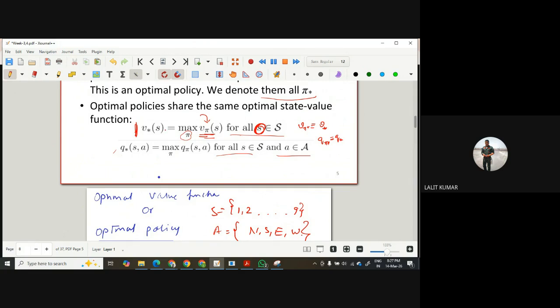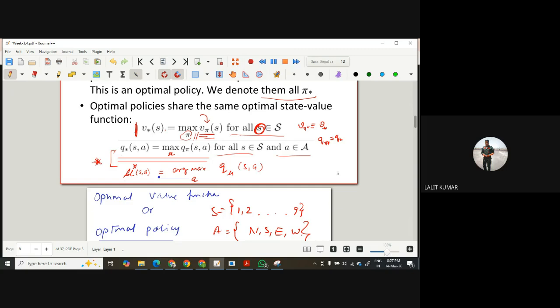Very, very important thing here: this question has been asked in GA also, in some PYQs also. Similarly, the Q star S of A is the same if you correlate this: the maximum over the policy which is maximizing this Q pi over S, A. But here I will write something which has not been covered in the lectures, which is Q pi star, that is the policy star S over A, or argmax A Q pi S over A. So this is the difference between this and this from the quiz point of view.